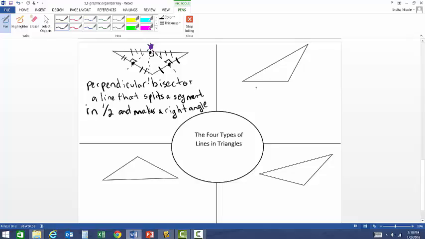Next line we're going to talk about is a median, and this one's going to be pretty easy. A median connects a vertex to a midpoint.